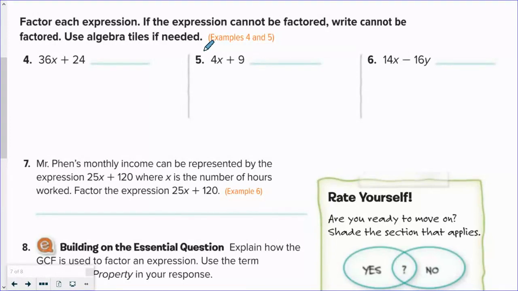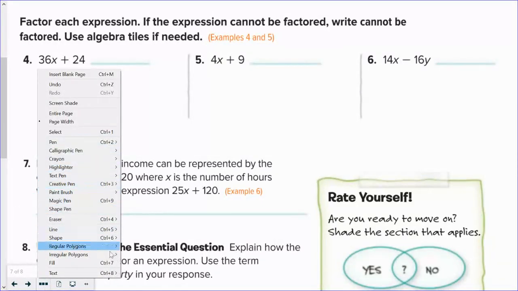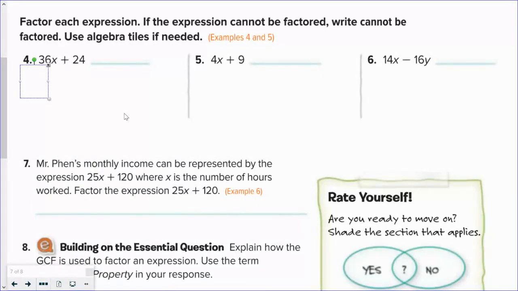They don't have the same variable. So I know I'm going to keep my x in there. Okay. So I'm going to have something on the outside of these plus my x plus something else in another parentheses. So what would go out?